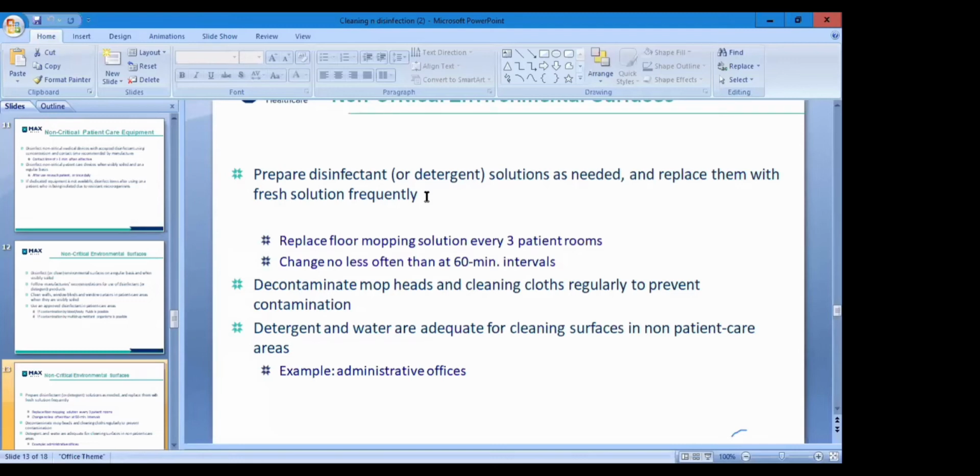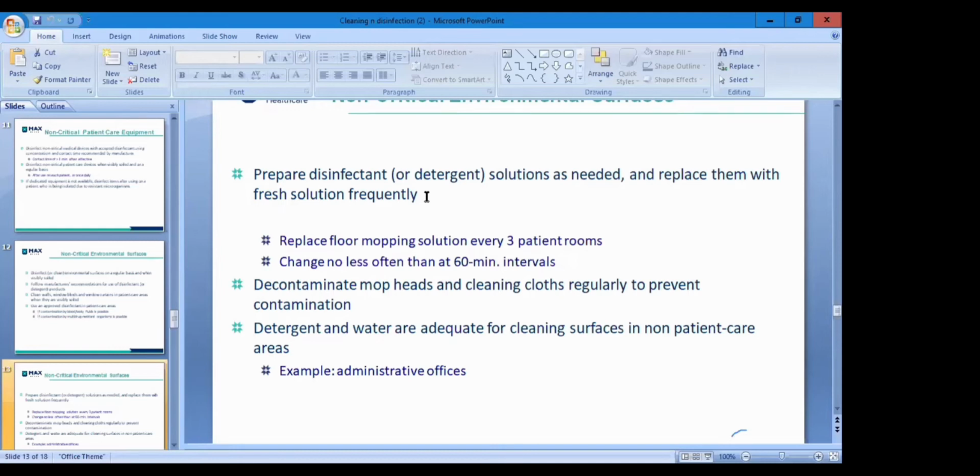A register is kept in every area where disinfectant solutions are prepared, and it is signed by nursing staff or TLs, the team leaders, who are responsible. There is no use in an old disinfectant solution, and it needs to be replaced.